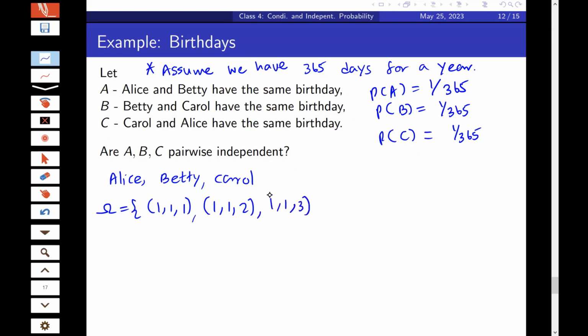These are all the possible cases. This implies the sample size will be 365 to the power 3, because each item goes from 1 to 365.